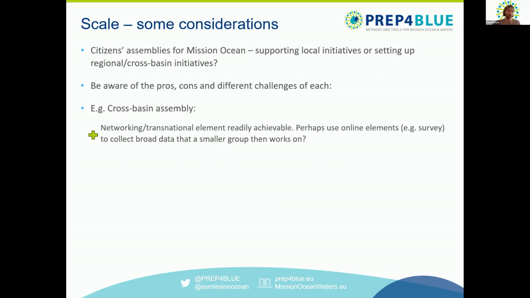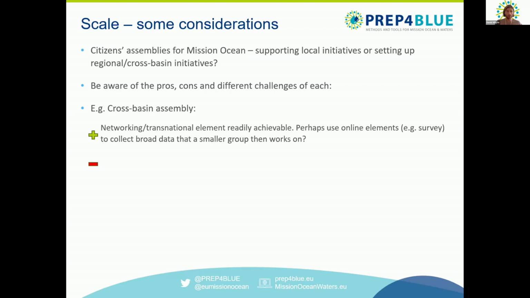The European Commission itself likes to work in a multi-state, cooperative manner. So you get that straight away, and then, as was touched on in the presentation by the ladies, maybe you could use online elements to get wider participation and collect some broader data.